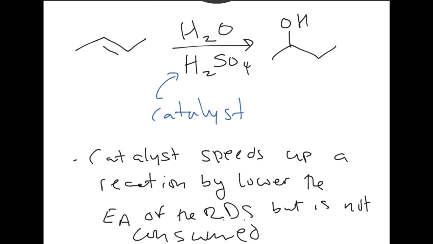So each time you make a product, you regenerate your acid to go react with the next product. So you only need a small amount of catalyst to do your reaction. So it's not like you need a 1-to-1 ratio of alkene to sulfuric acid. You need a 10-to-1 ratio or a 100-to-1 ratio. So you just need a little bit.